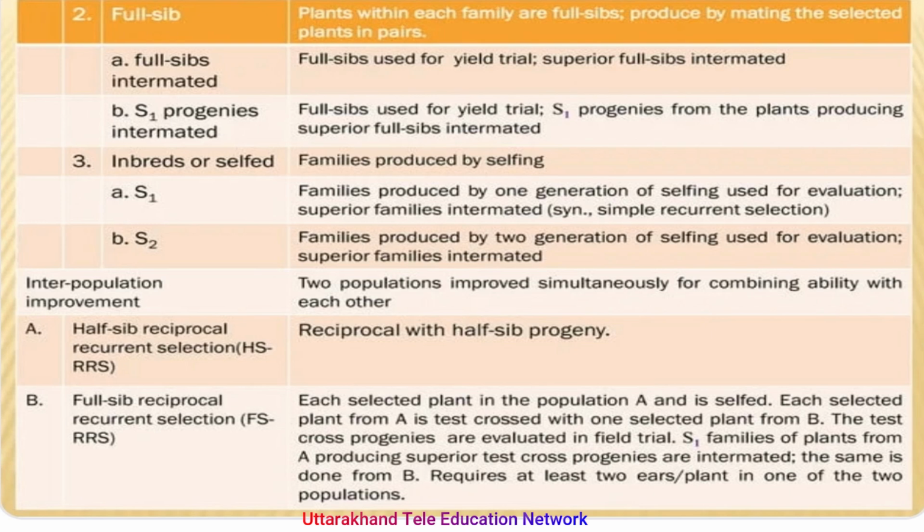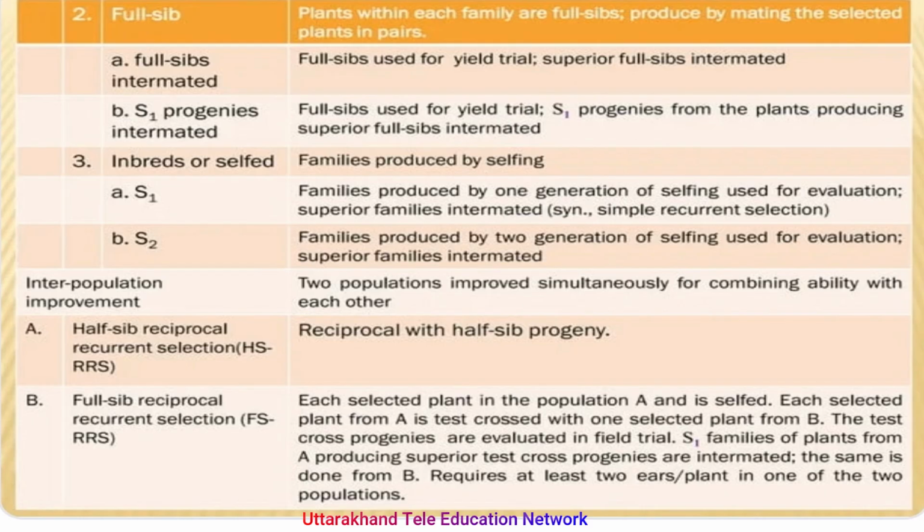Inbreds or selfed families produced by selfing: S1 families produced by one generation of selfing used for evaluation. Superior families intermated, simple recurrent selection. S2 families produced by two generations of selfing used for evaluation.